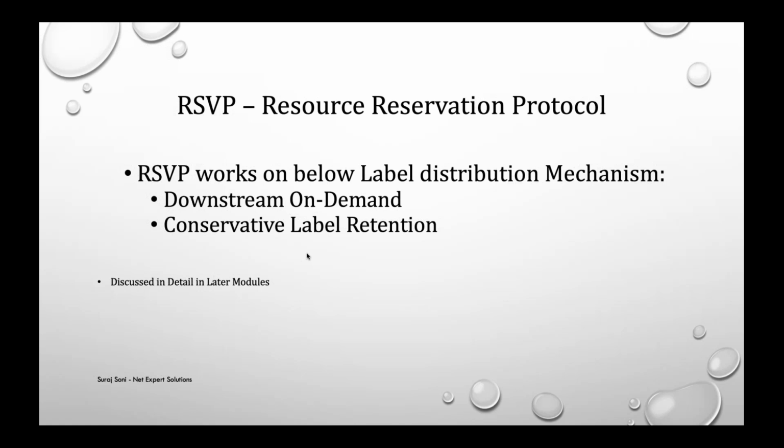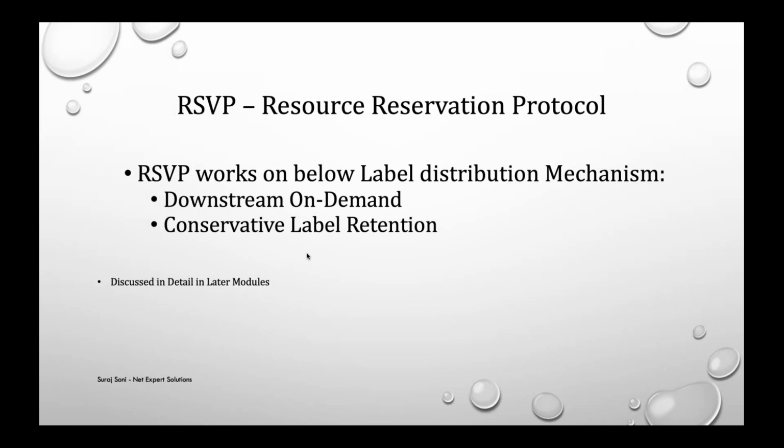So if B and C try to send me a label, I will not entertain it. There is only one label which I will keep in my label information base, which is the label from where I have demanded. It's quite different. You can ask, why is that so? Why is it not like LDP? Because you can see its name, it's a Resource Reservation Protocol.